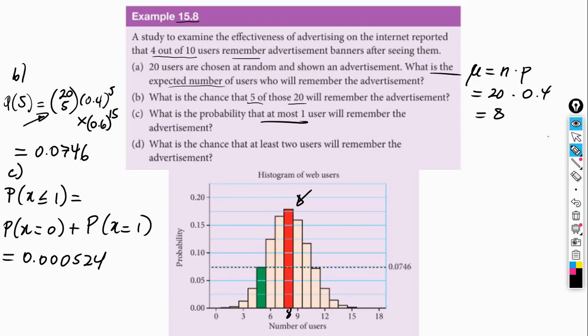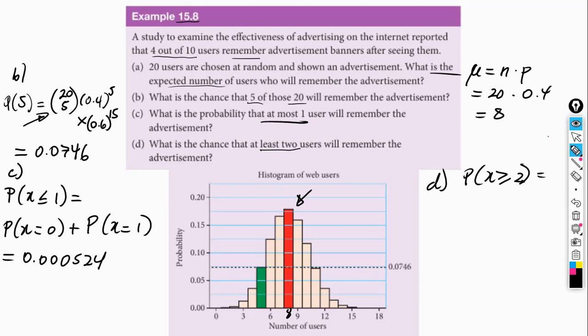Now let's focus on part D over here. Part D, it says, what is the chance that at least two users will remember the advertisement? So here we have to be careful because that's the probability of X being greater than or equal to 2. Now, there is a complicated way of doing this, which is adding everything after 2, right? So the probability of 2 plus the probability of 3 plus the probability of 4 plus the probability of 5 all the way to 20.